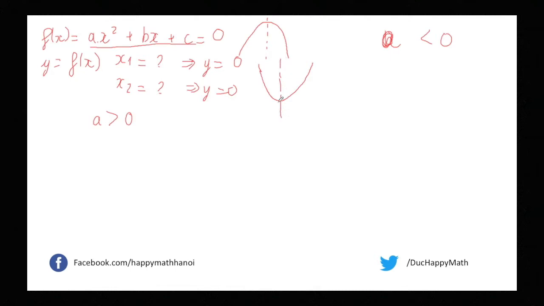I will divide it into two parts. If a is greater than 0, the right-hand part has to be increasing, and of course the remaining part has to be decreasing. This is the form of the graph when a is greater than 0.